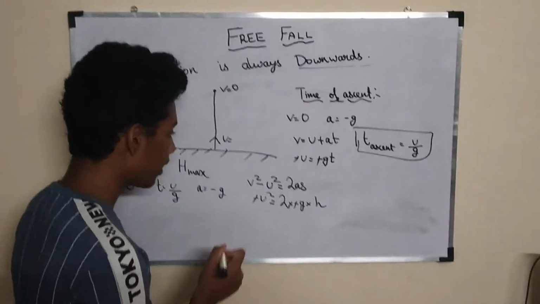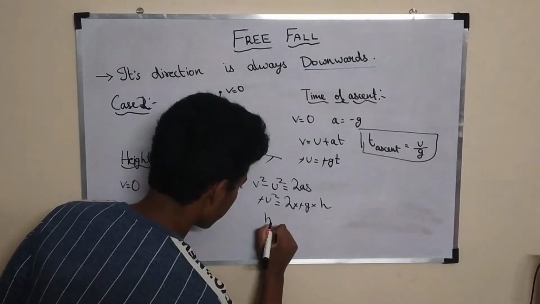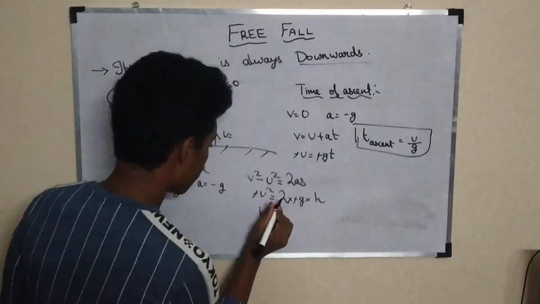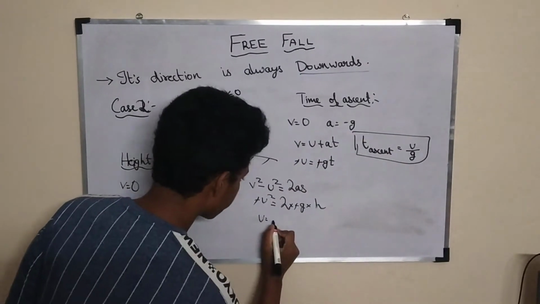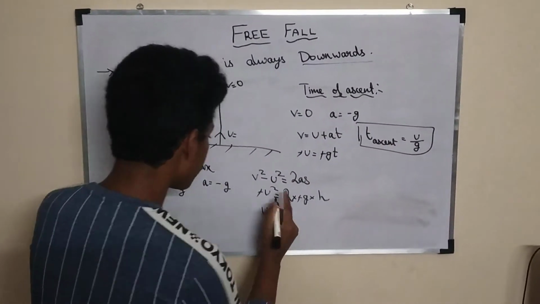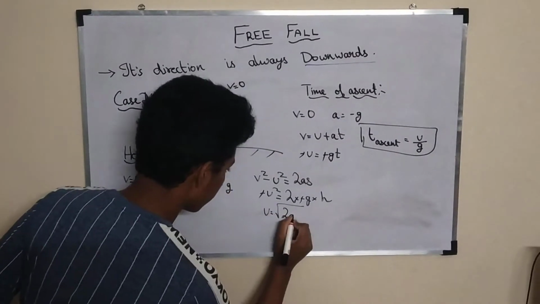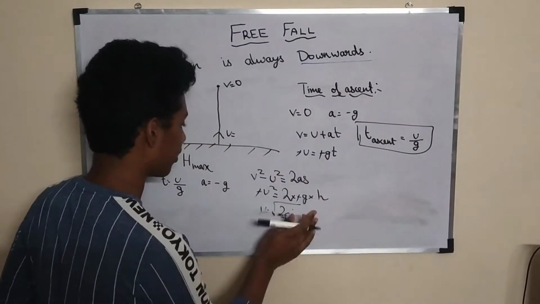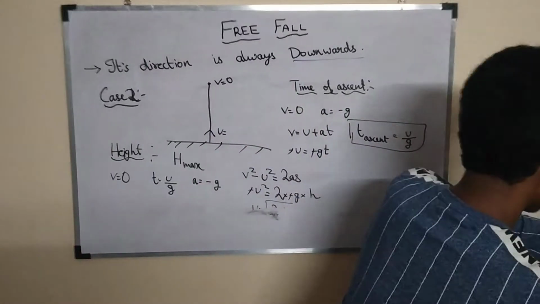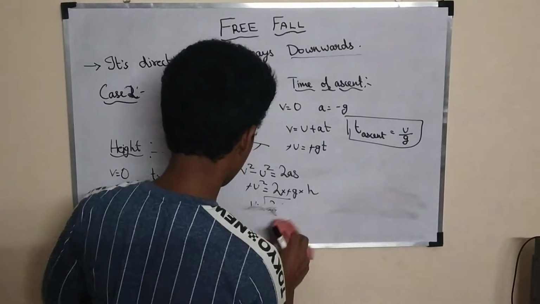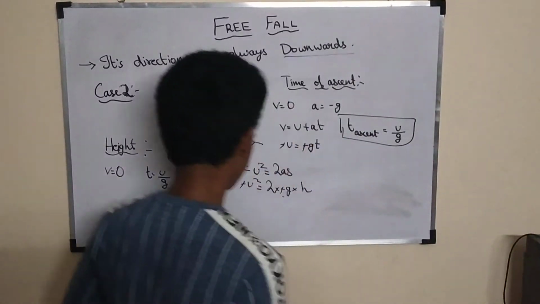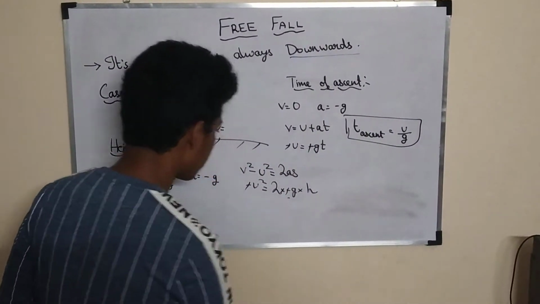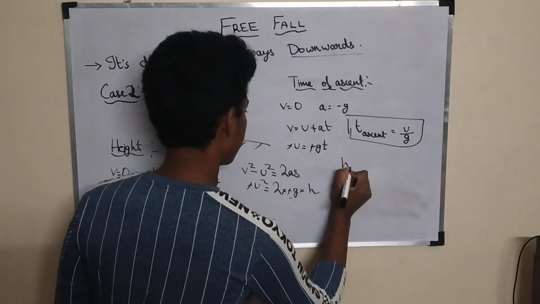So here we get the answer as h is equal to u square by 2g.